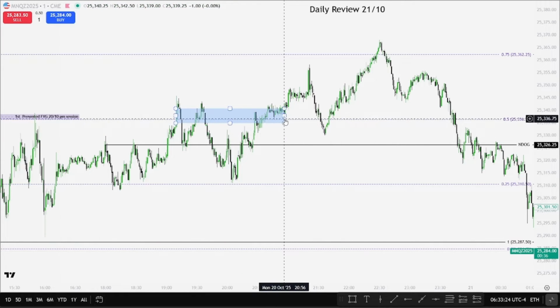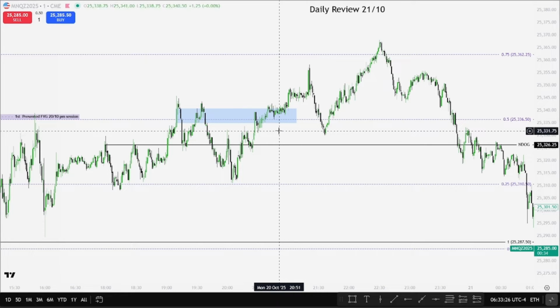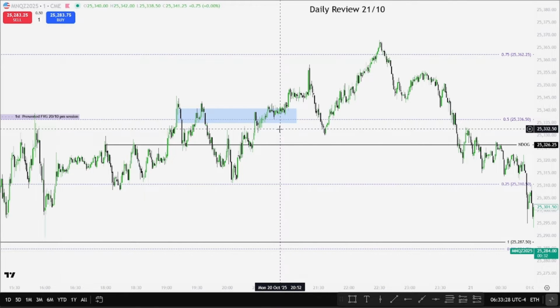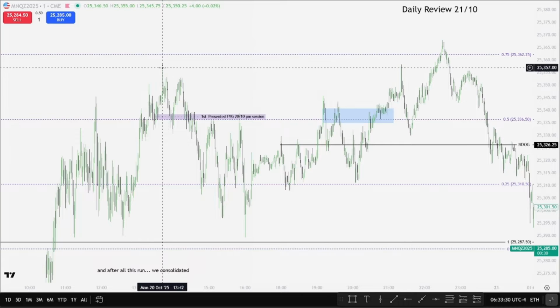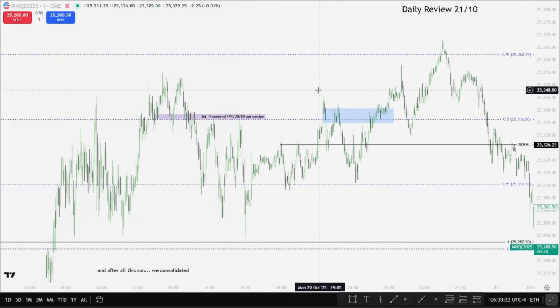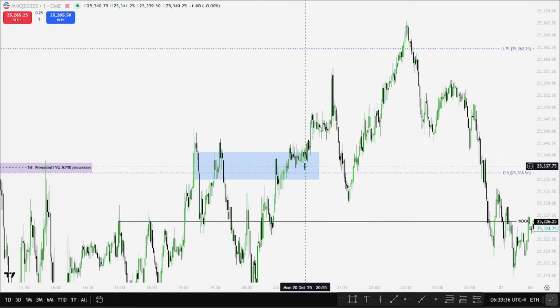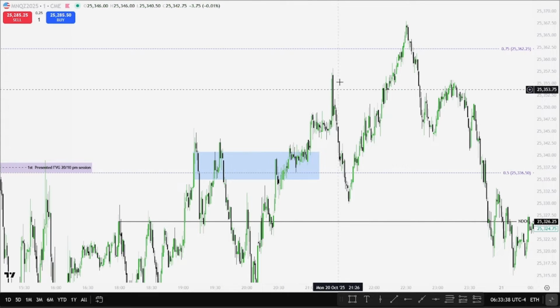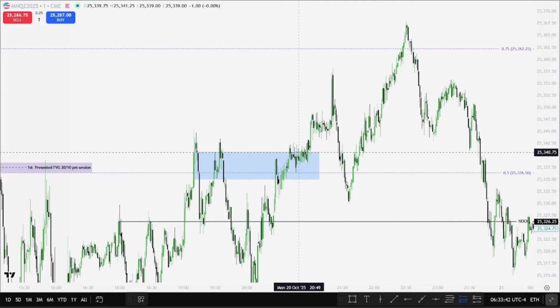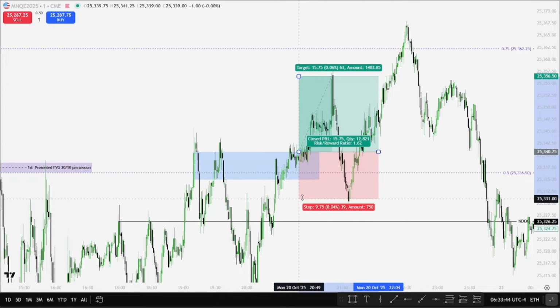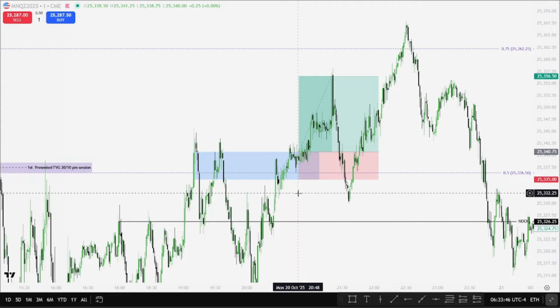Okay, into the macro. Look, these highs, macro time, small trade. Stop loss below here.